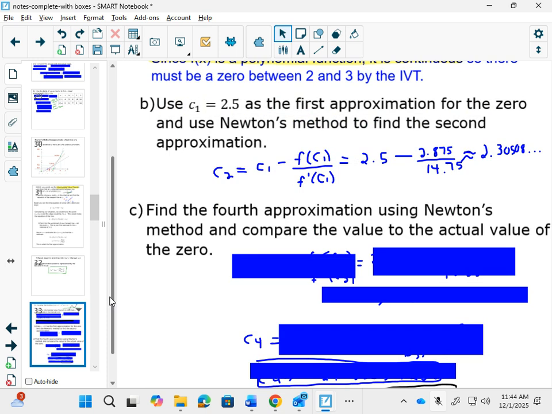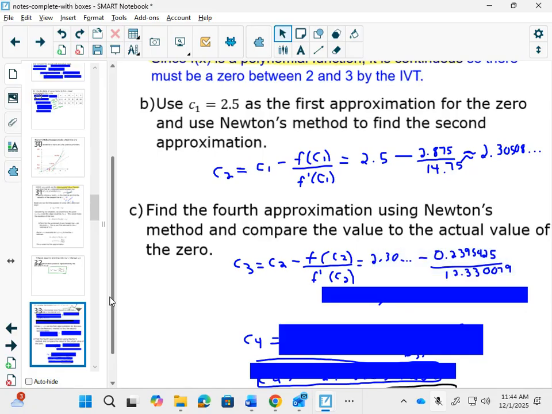But just as an idea of linear approximation, we could then do a third point. It's going to be our second point minus its value over its derivative. Oh, we were at 2.5, now we're at 2.3. c2 was pretty close. Oh, we should have gone with 2.285.